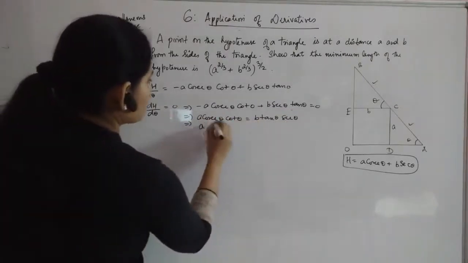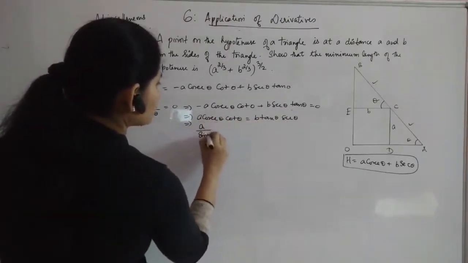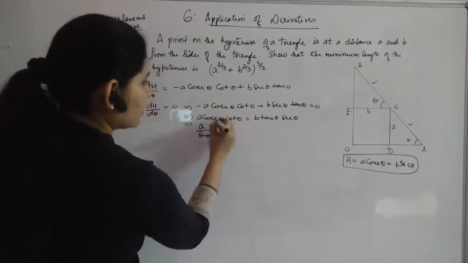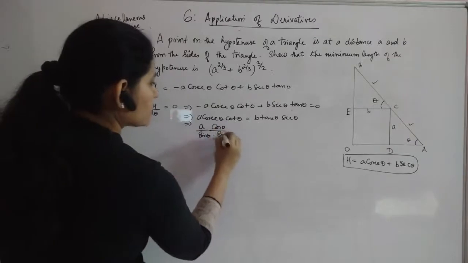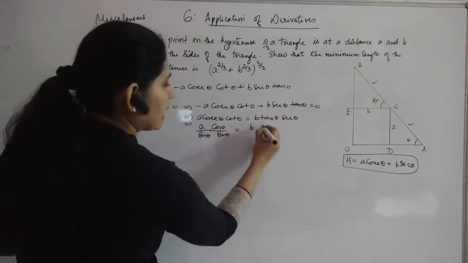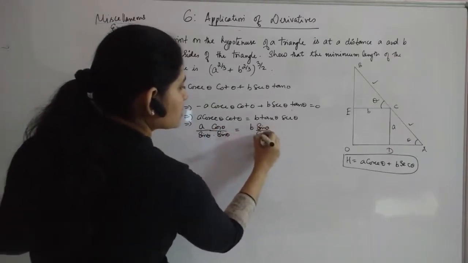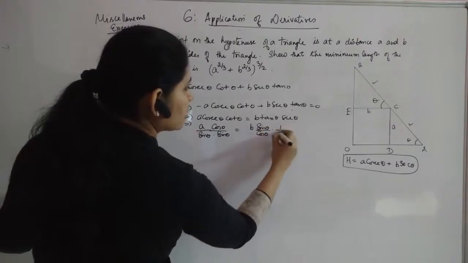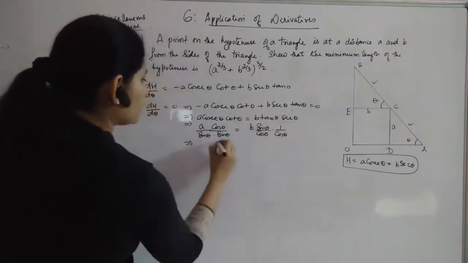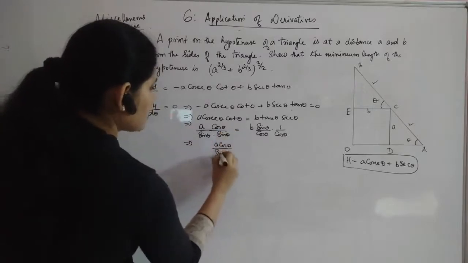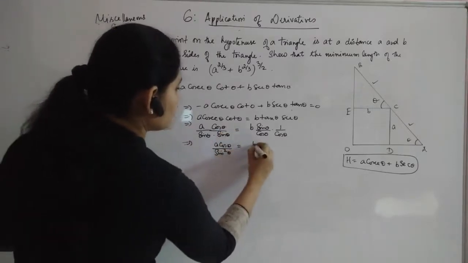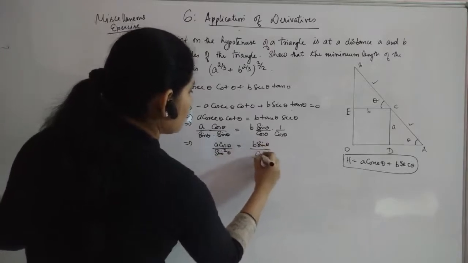So this is a, cosec is 1 by sine theta, cot is cos by sine, so a cos theta by sine theta is equal to, here again tan is sine theta by cos theta into sec is 1 by cos theta. So what you are getting is a cos theta by sine square theta is equal to b sine theta by cos square theta.